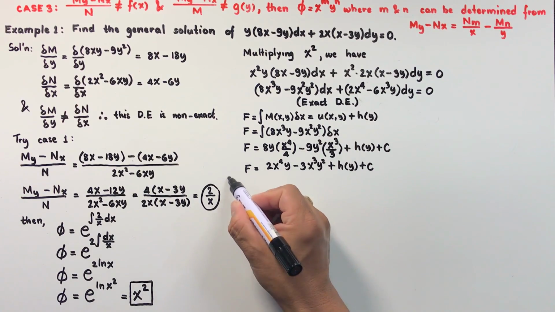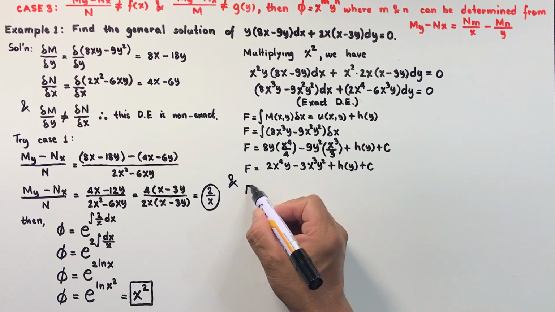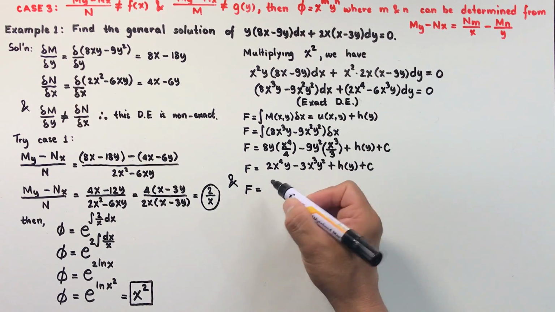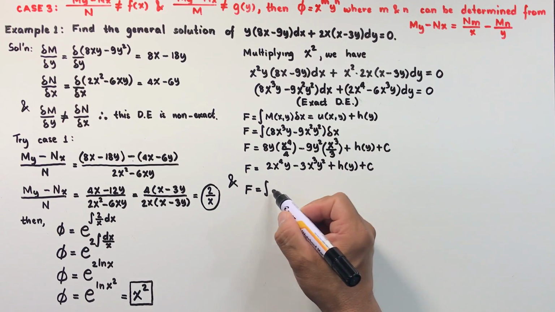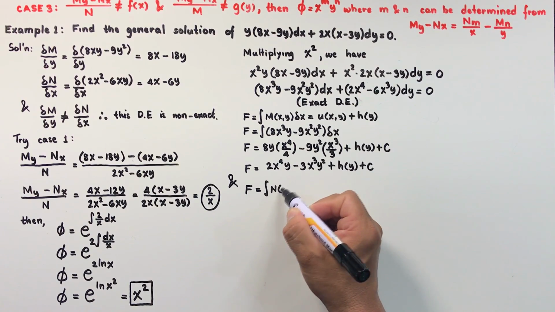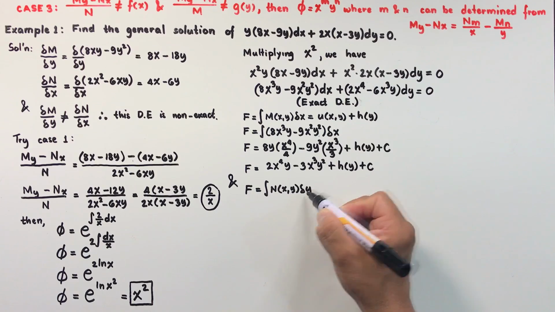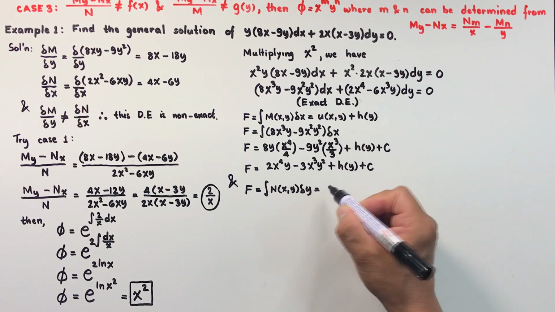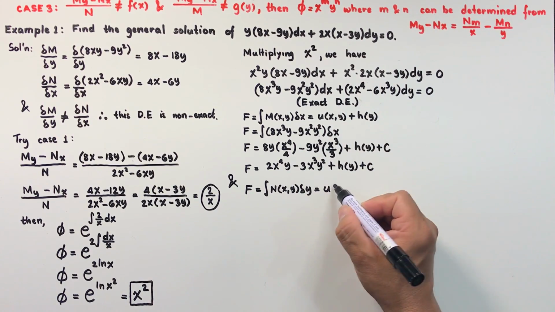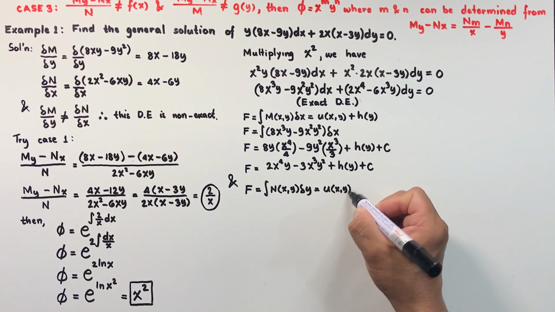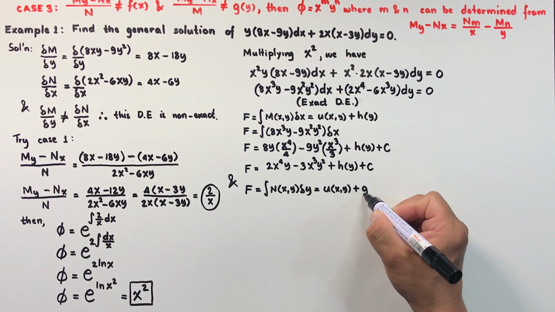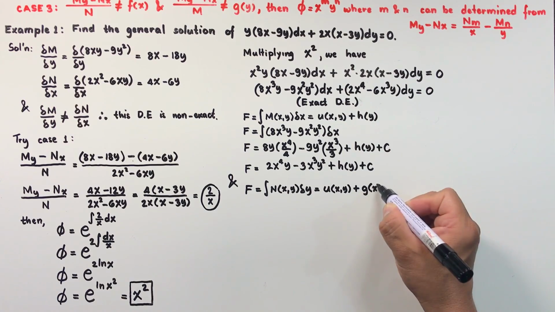And also we can obtain our solution big F when you take the partial integral of our n, which are in terms of x and y, partially with respect to y. And we expect that the answer is some function of x and y plus a function that is in terms of x alone.